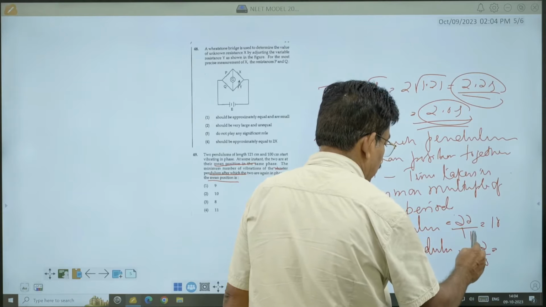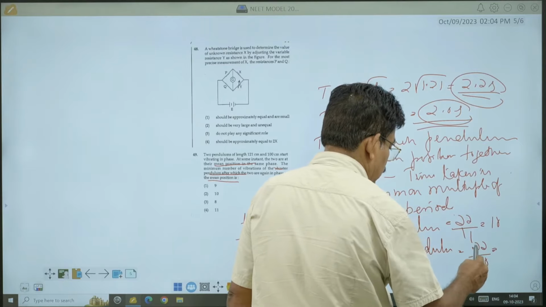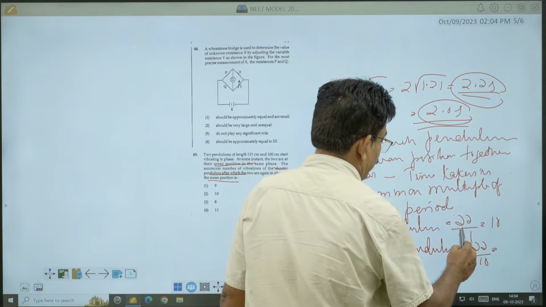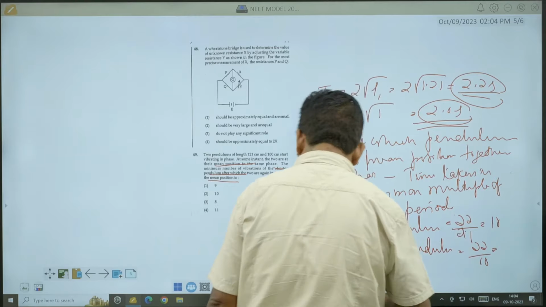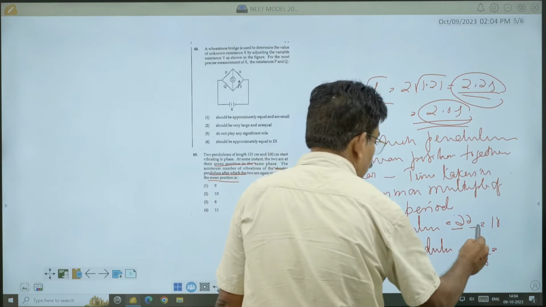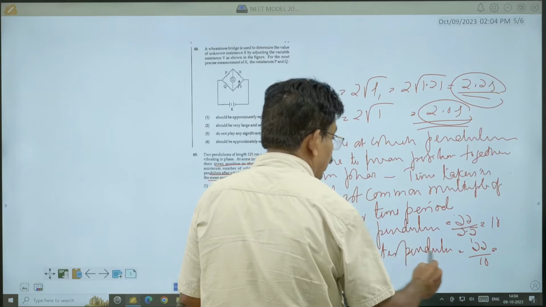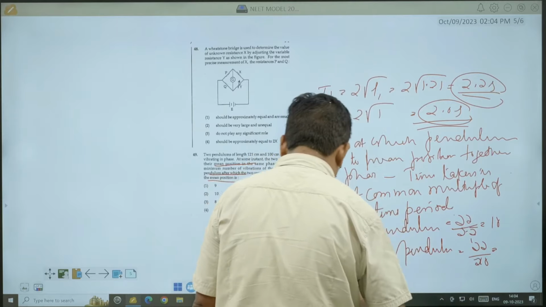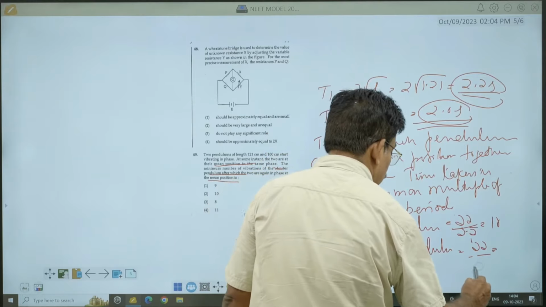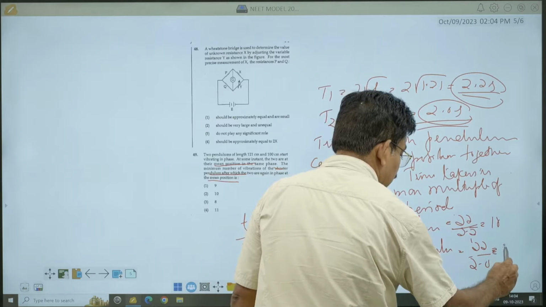The period of the longer pendulum is 2.2, so 22 by 2.2 is 10, and for the shorter one, whose period is 2.0 second, it is 22 by 2.0, that is 11 oscillations.